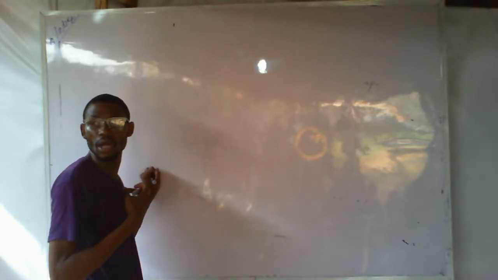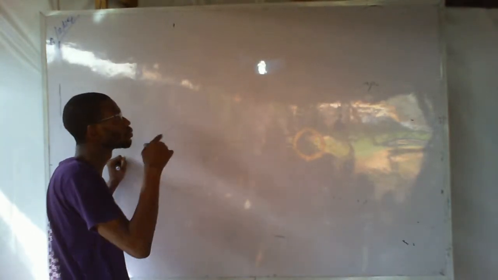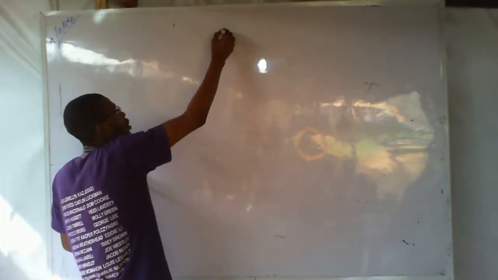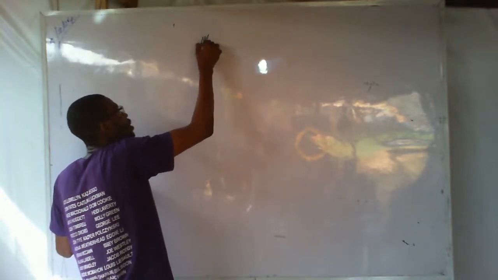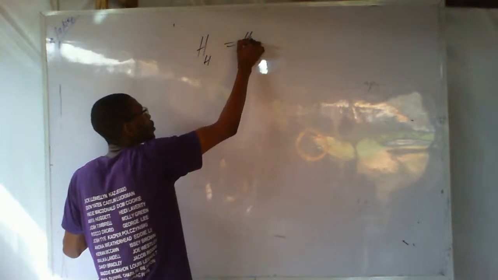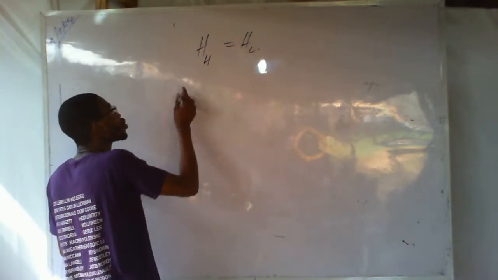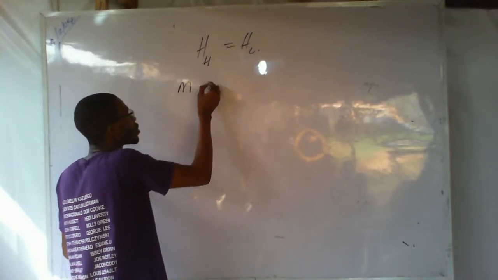Hello. Let me quickly. Very easy. Specific heat capacity of the hot body. So that would be mass multiplied by what?